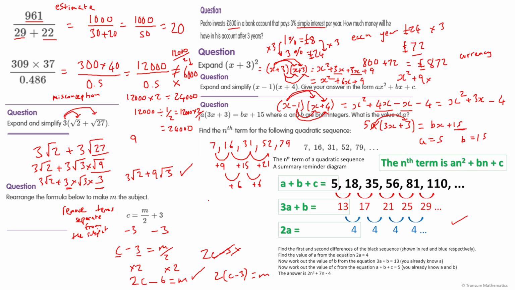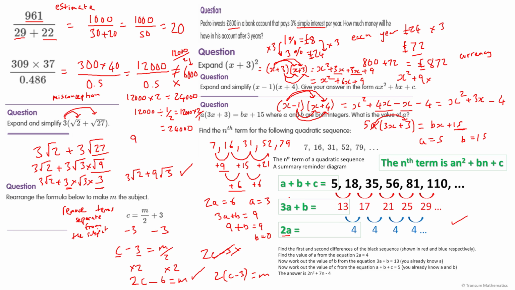Now, so from here you can see 2a has to be the second difference. So 2a equals 6. So we can do that by inspection by looking. A equals 3. So 3a plus b equals this term here, which is the 9. Now if a is 3, that's 3 times 3, so 9 plus b must equal 9, so b must be 0 here.